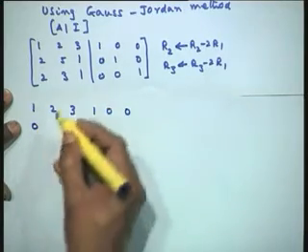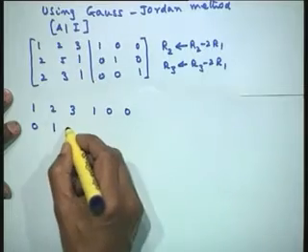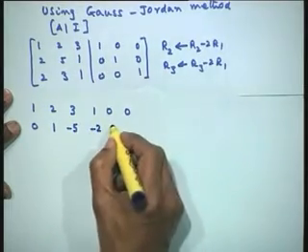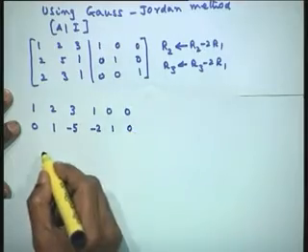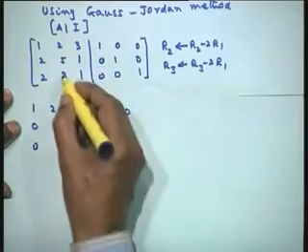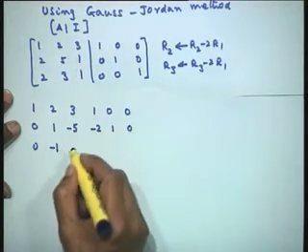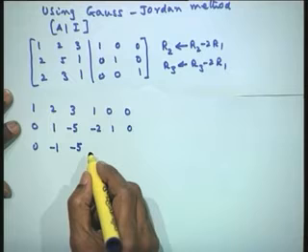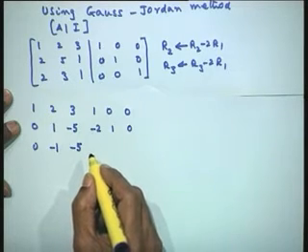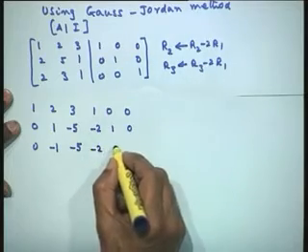The second row is 0, 5 minus 4 that is 1, 1 minus 6 that is minus 5, and this is minus 2 1 0. So, that is the second row. The third row is 0, 3 minus 4 that is minus 1, 1 minus 6 is minus 5, and we have multiplied this by 2, this is minus 2 0 1.